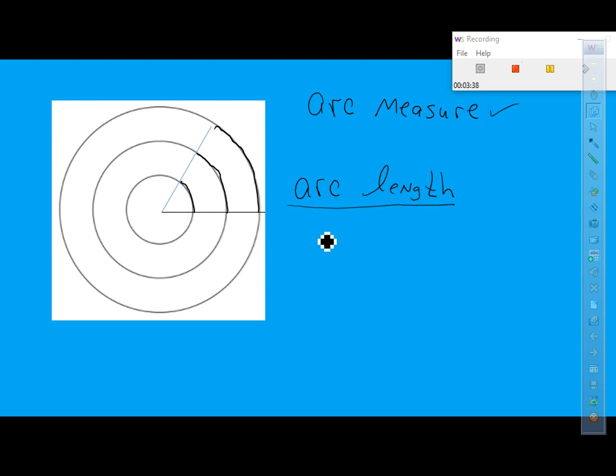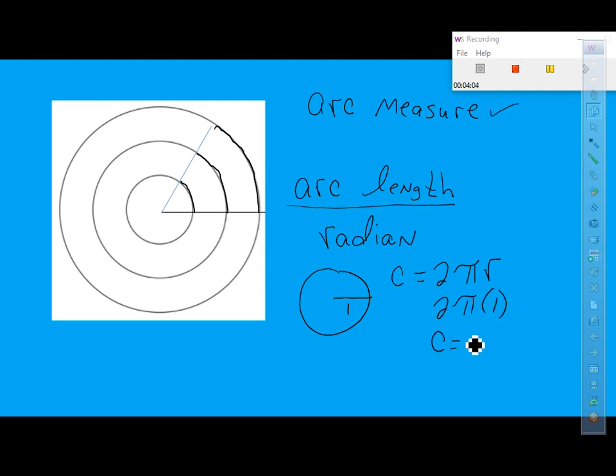You're going to hear today the word radian. You're going to hear that a lot. Here's where the radian measure comes from. If I pick a unit circle, and when I say unit circle, that means it has a radius of 1, and I ask you to find me the circumference of that, you would tell me it's 2 pi r. I'm going to sub in 1 for the radius, so the circumference of a unit circle is 2 pi.